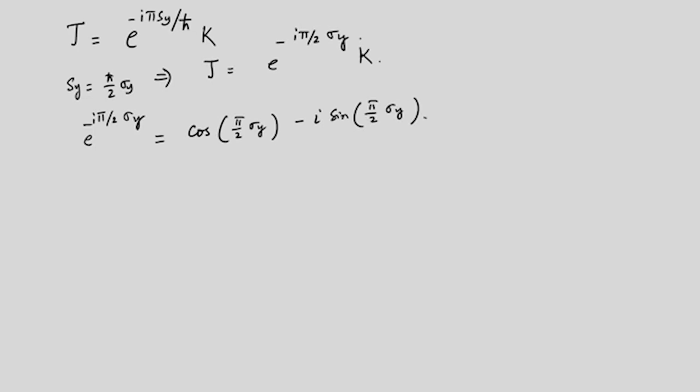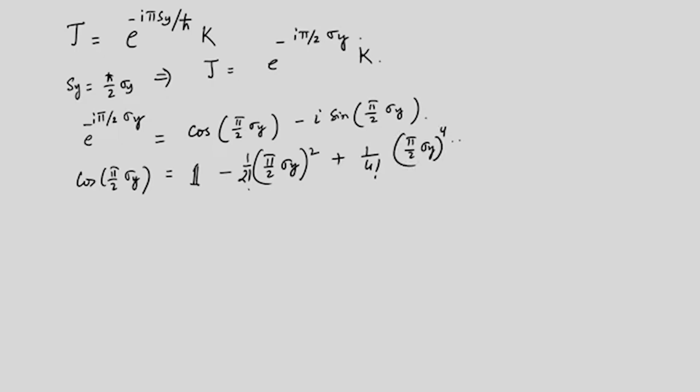So, let me show how this simplification is done. Cosine of pi by 2 sigma y is equal to 1 minus 1 by 2 factorial times pi by 2 sigma y whole square, plus 1 by 4 factorial times pi by 2 sigma y to the power 4, and so on.